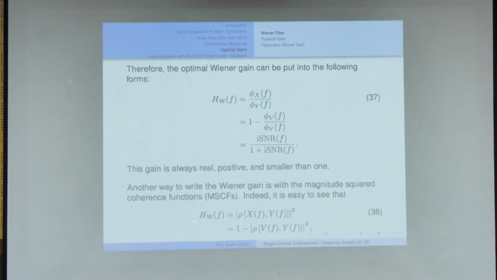So the Wiener gain is simply the magnitude squared coherence function between x and y, and it is also 1 minus the magnitude squared coherence between v and y. If v and y have low coherence, the noise is low, so the input SNR is high. It is the same, so it's also possible using this relation.